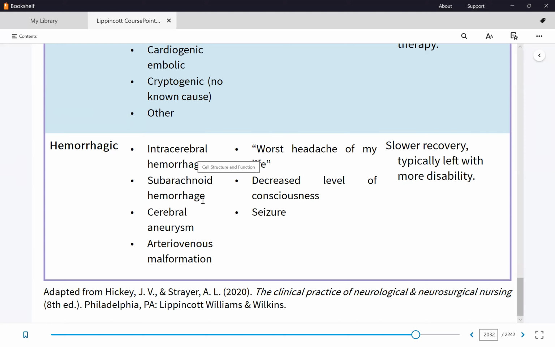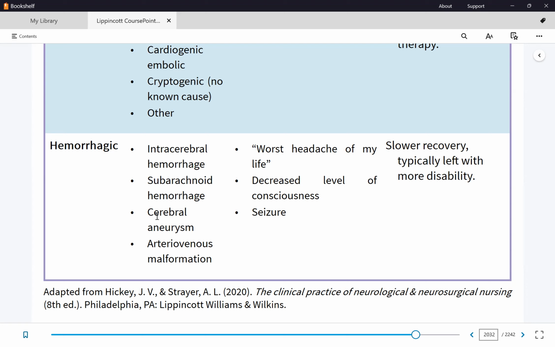The other risk factors are arterial anomalies. Let's say an aneurysm. An aneurysm is a weakening of the walls of the artery. It's usually the endothelial or intimal layer and the medial layer of the artery that weaken, but the external layer is intact.